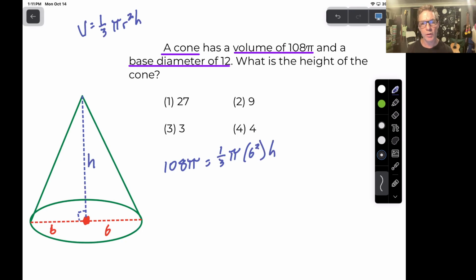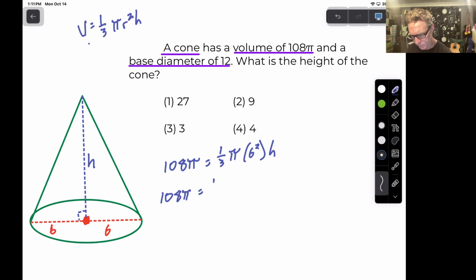I'm just plugging in the volume and plugging in the radius, and then I'm going to solve for h. So I have to do a little bit of algebra. If we're thinking about algebra, we have to do reverse order of operations. First thing is I'm going to simplify the right side of the equation. So 108 pi equals, well, what's 6 squared? That's 36, right?